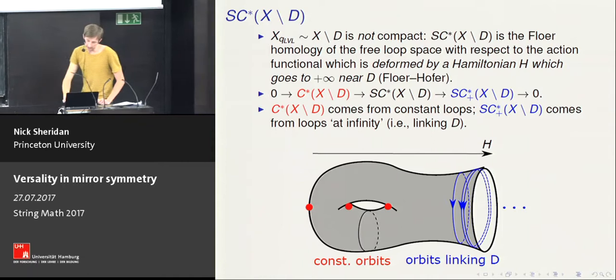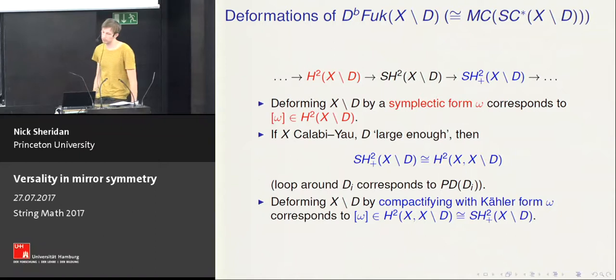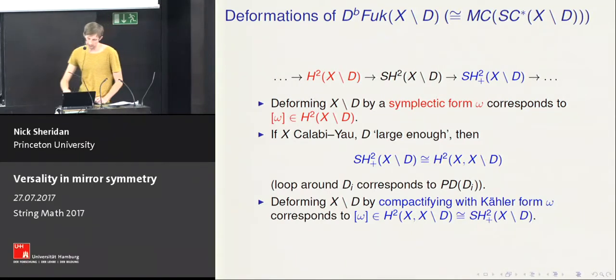So in fact, there's a short exact sequence where we have a contribution coming from constant loops, which I always write in red, and a contribution coming from loops at infinity, which I'll always draw in blue. So this short exact sequence of chain complexes gives a long exact sequence like this. And it allows us to see these two ways of deforming our large volume limit point.